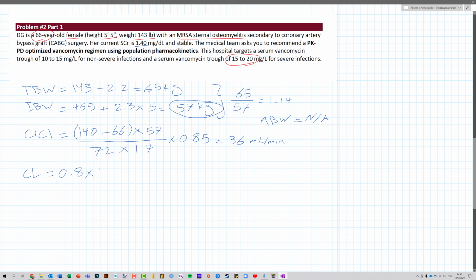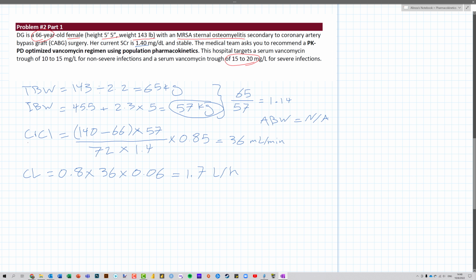So this is times 36, and because 36 is milliliters per minute, we multiply by 0.06 to convert it to liters per hour, and this will give you 1.7 liters per hour.